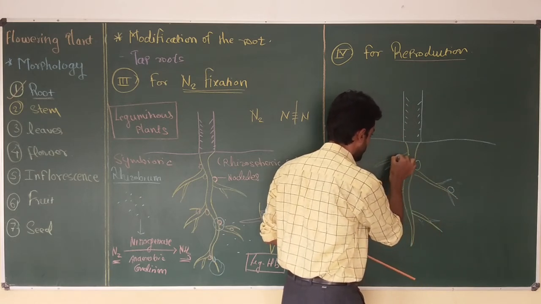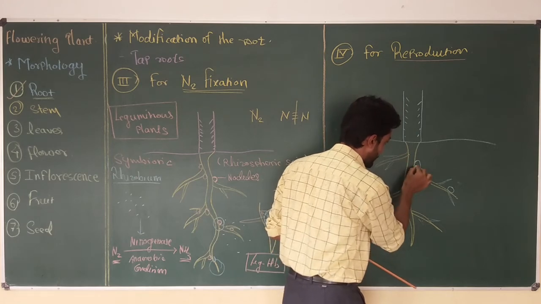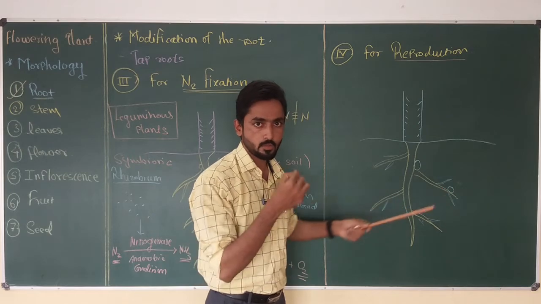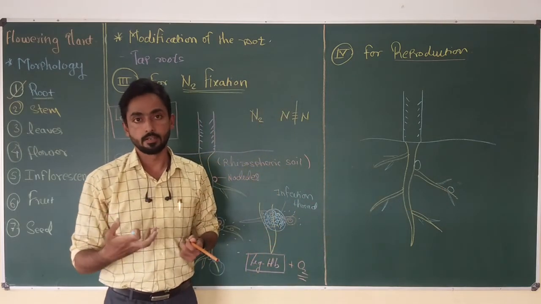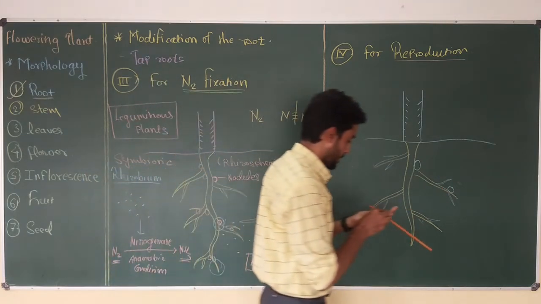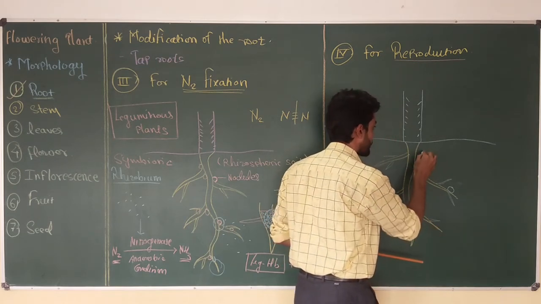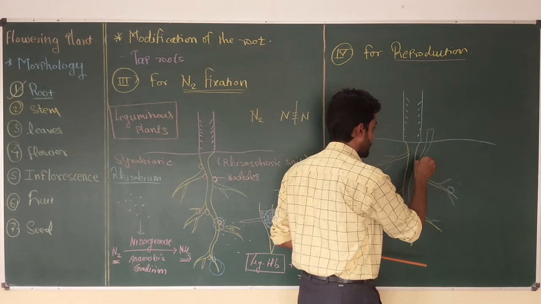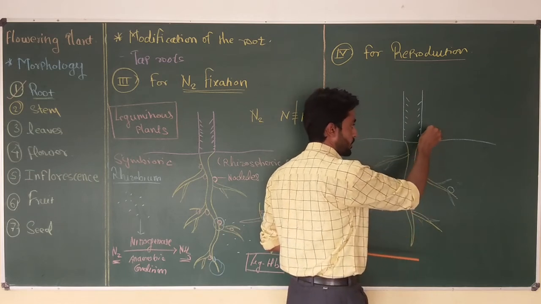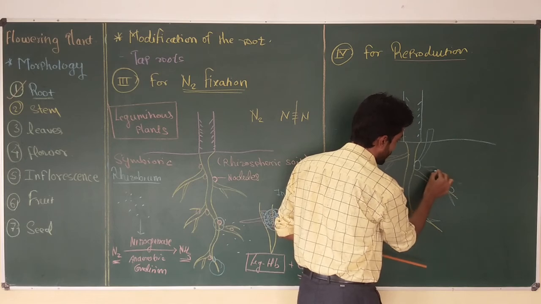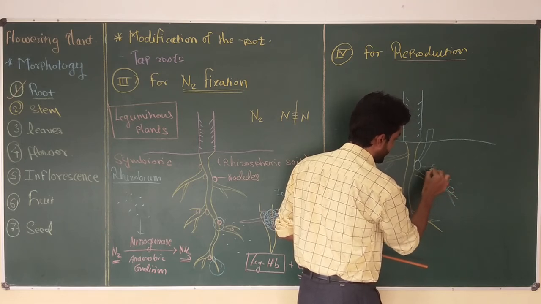So these buds get developed on the root system, and now the buds germinate, and due to germination of the bud, the bud develops a shoot system as well as a new root system.